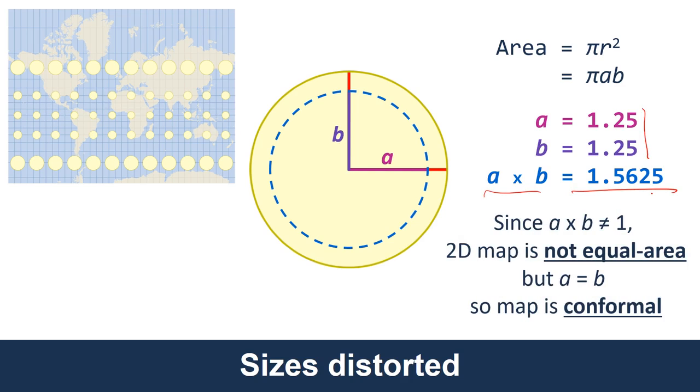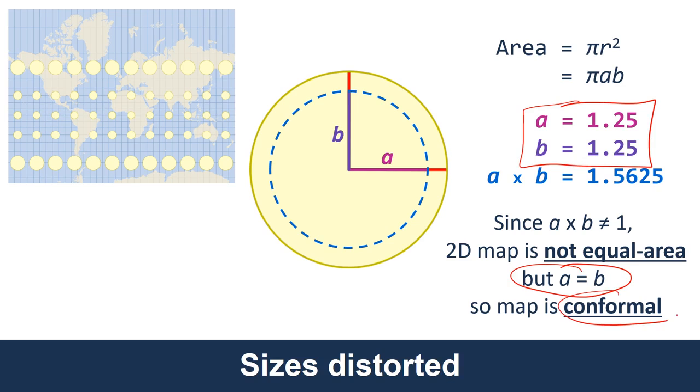So what this tells us is, since A times B does not equal 1, then the area cannot be the same as what it was on the original circle. The area has to be either larger or smaller. In this case, it's larger because A times B is greater than 1. What this does tell us, though, is that A and B are equal, and so that means that our map is conformal.